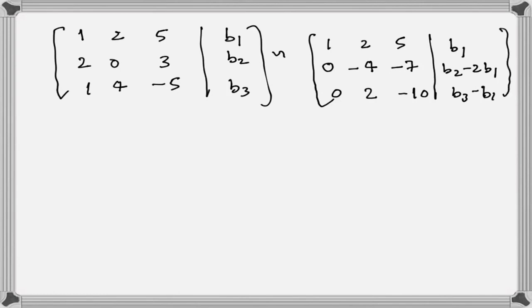Okay, so next we'll do the elementary row operation. Here let me just write what operation we used: r2 minus 2r1 and r3 minus r1.